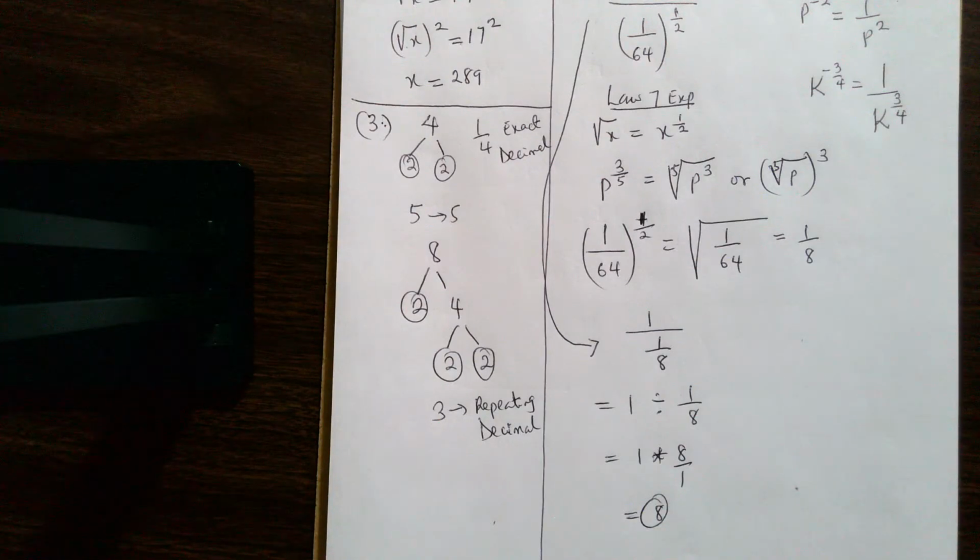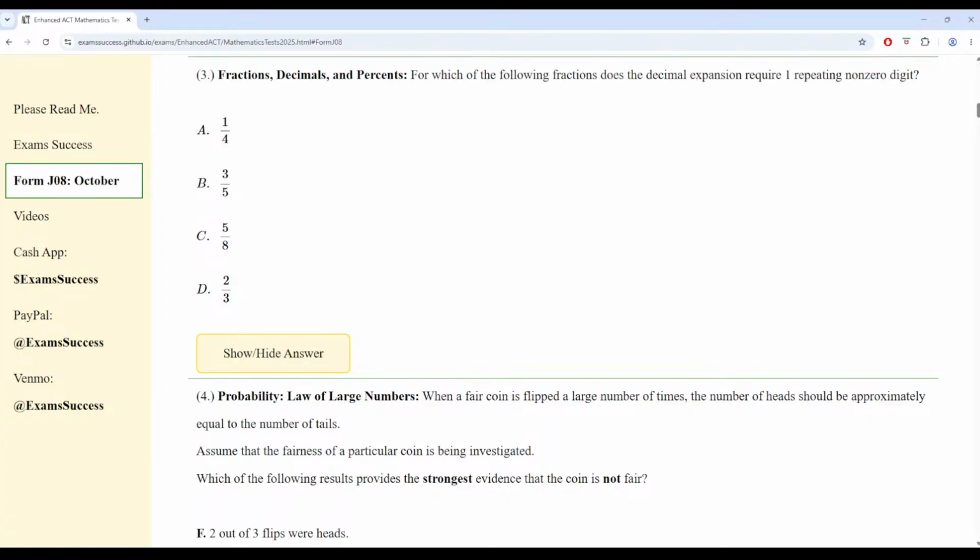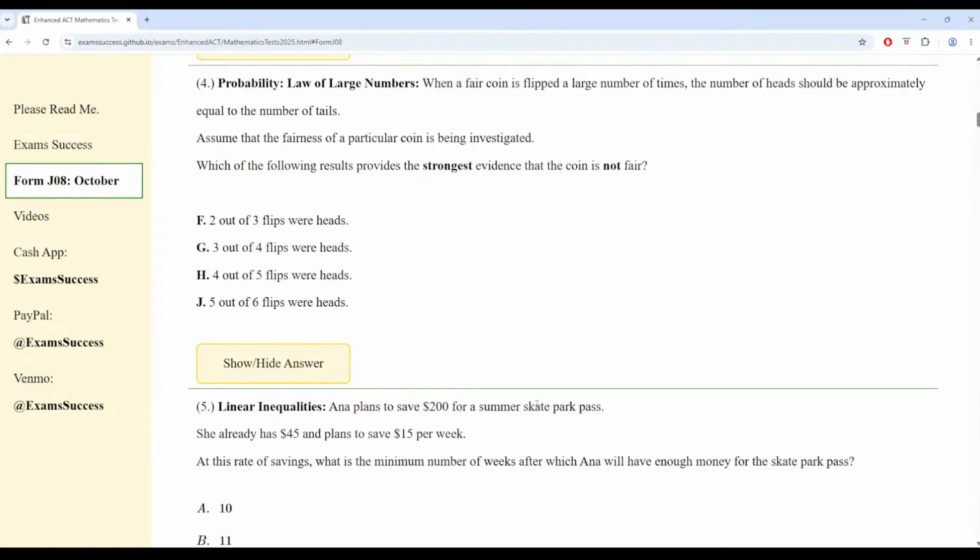Then we go to question 4. Question 4 is on probability. Specifically, the concept there is the law of large numbers. When a fair coin is flipped a large number of times, the number of heads should be approximately equal to the number of tails.